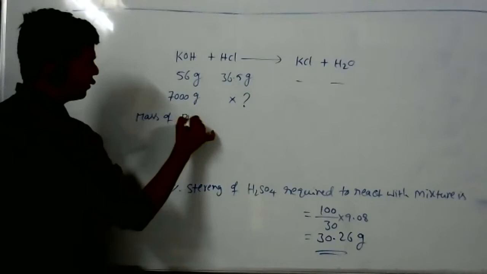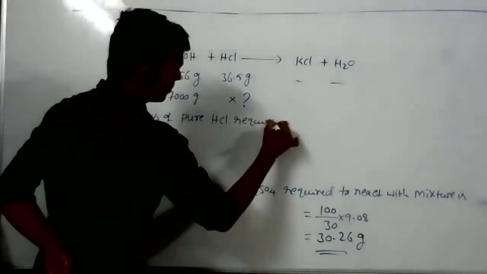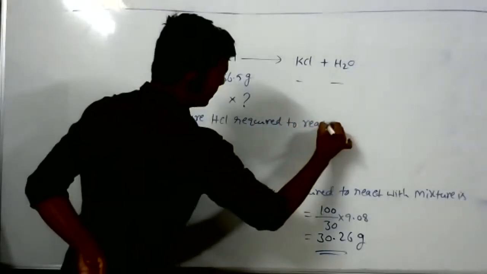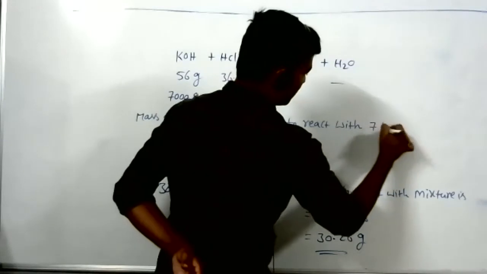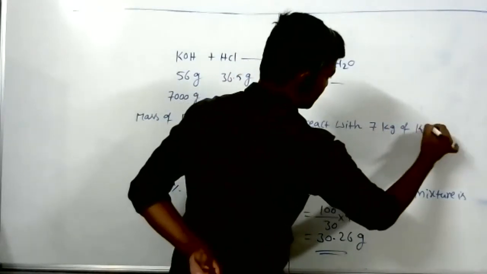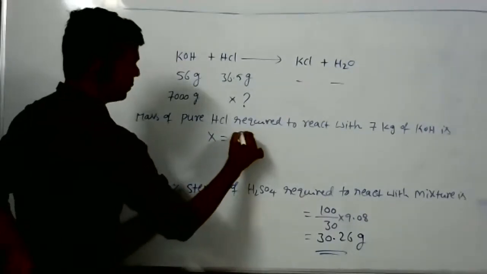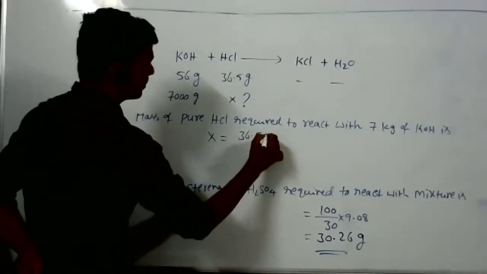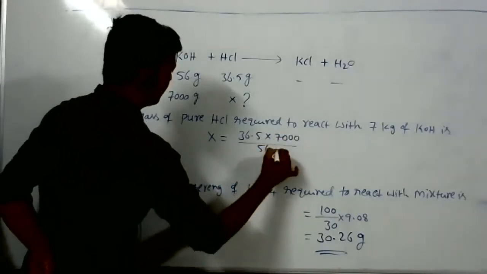Mass of pure HCl required to react with 7 kg of KOH is X equal to 36.5 into 7,000 divided by 56 grams.